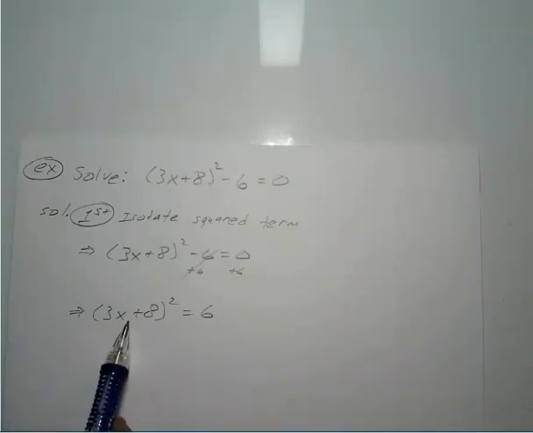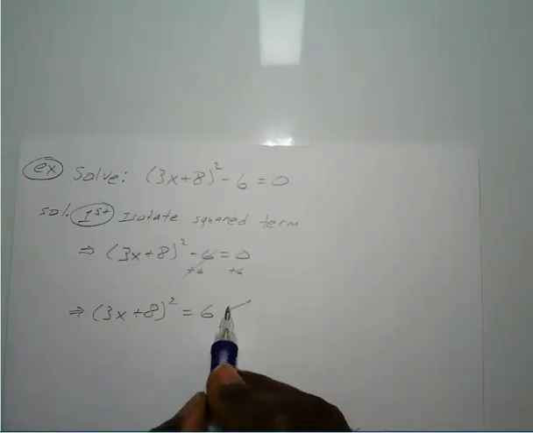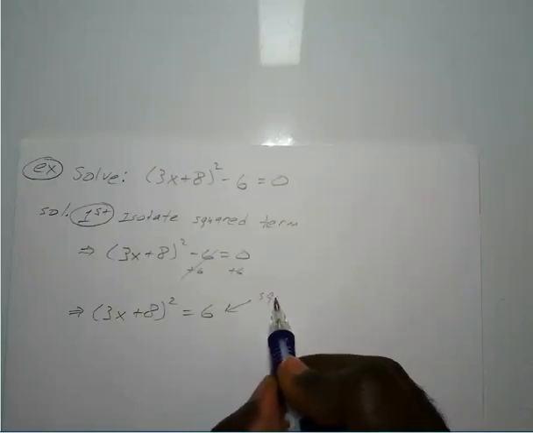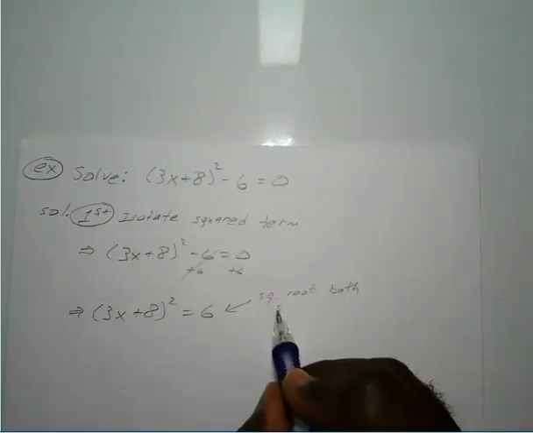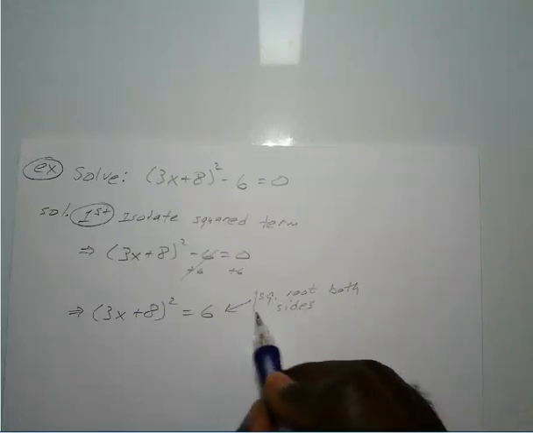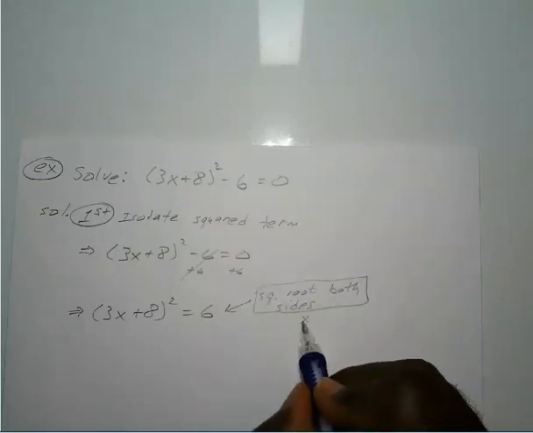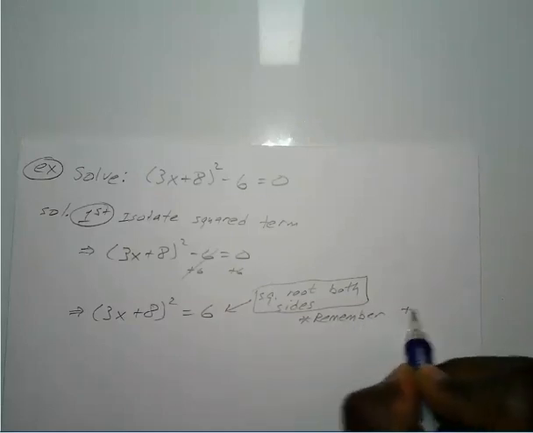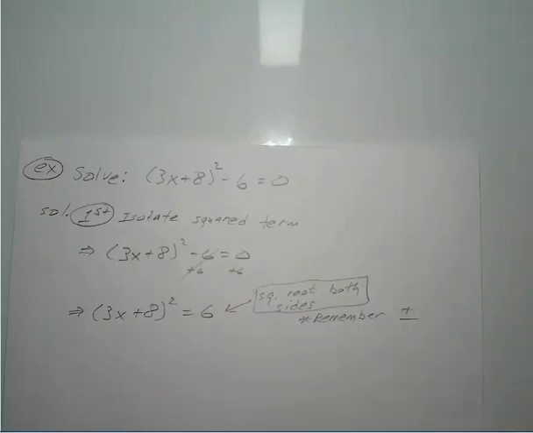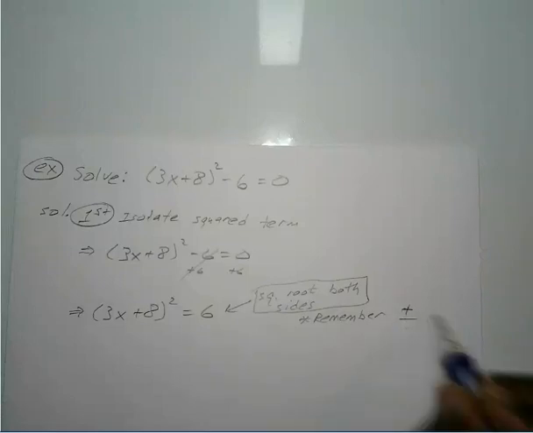Okay, now once our squared term is isolated, we go ahead and square root both sides. And remember your plus or minus. Straighten that up a little bit. There we go.